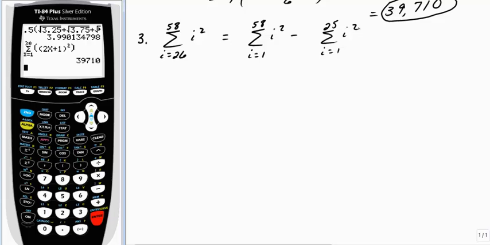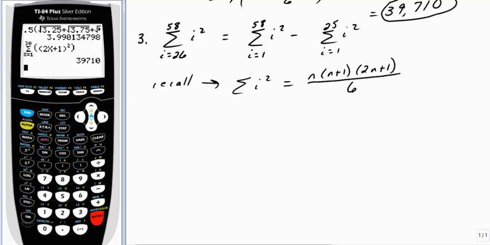So then this should enable me to put these into my formula without any trouble whatsoever. The summation for the i squareds, again, recall, in general is equal to n times n plus 1 times 2n plus 1, all over 6.